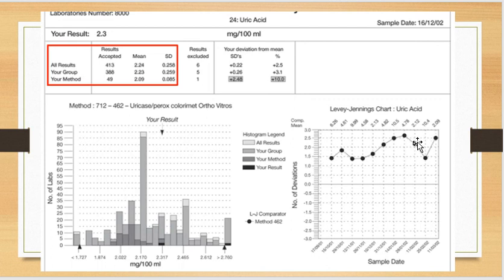So whenever your result is outside of the 2SD, you need to troubleshoot. And if you notice here, this lab got a few times that the result is outside of 2SD, meaning that he has to check back what happened to the test. Is it because of a lab error, or something to do with the method itself?